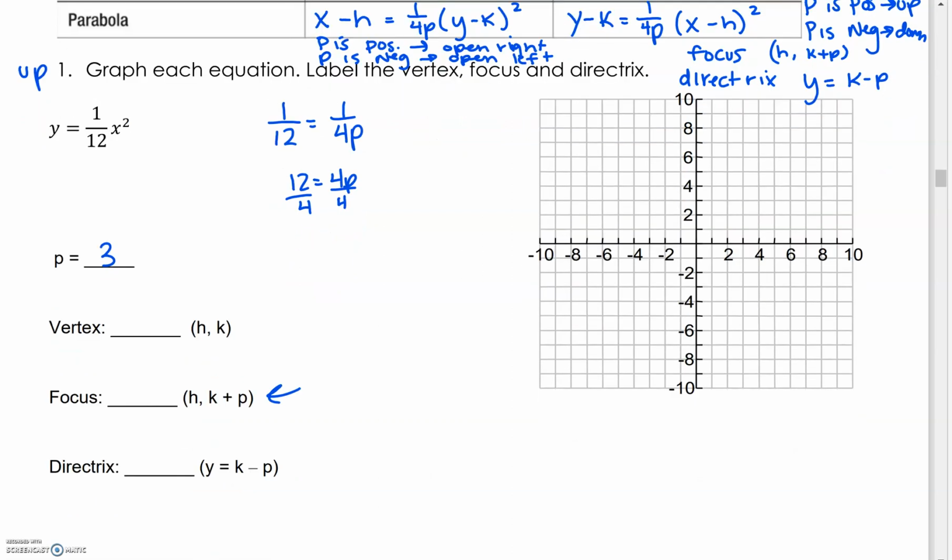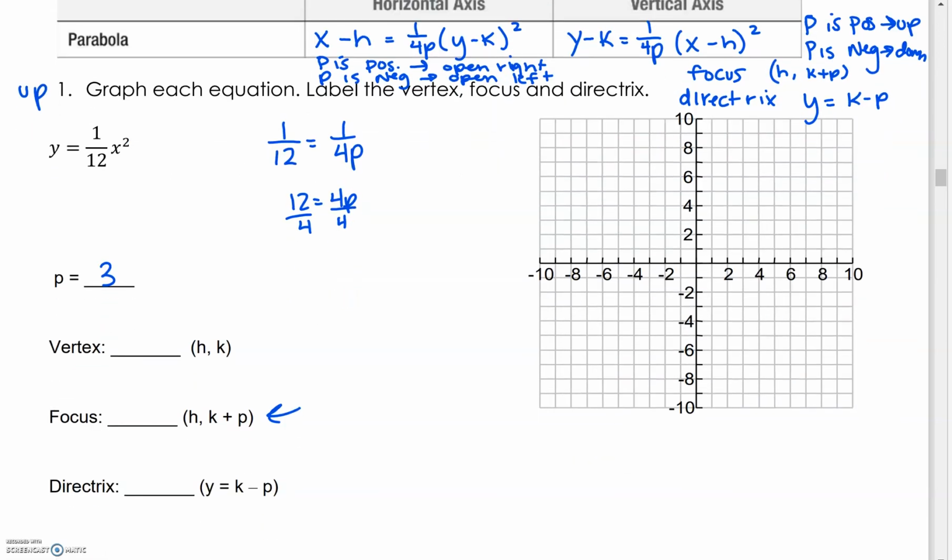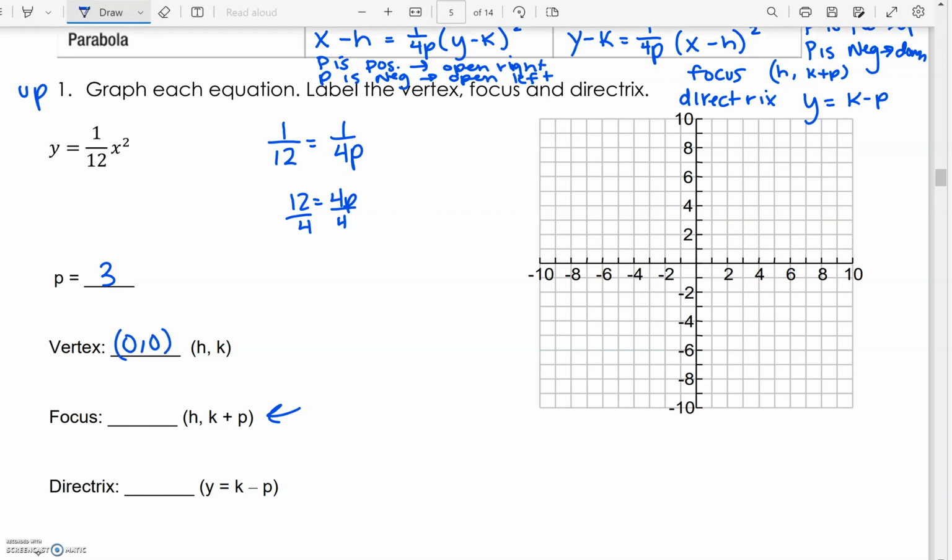So now we're going to go ahead and get our h and our k. Remember up here in our form, we have our h with the x and our k with the y. Now notice there is nothing with the x and there is nothing with the y, which means we are at (0, 0).